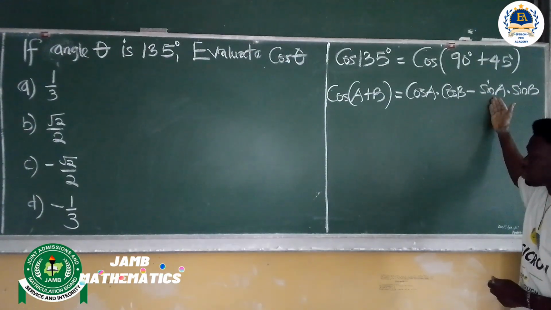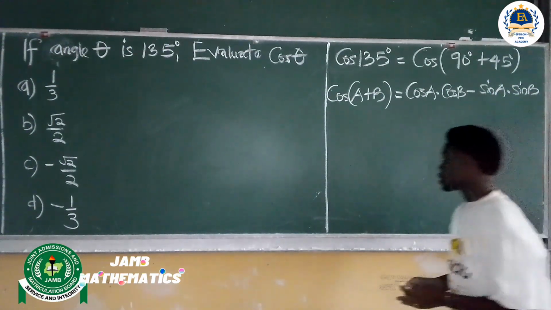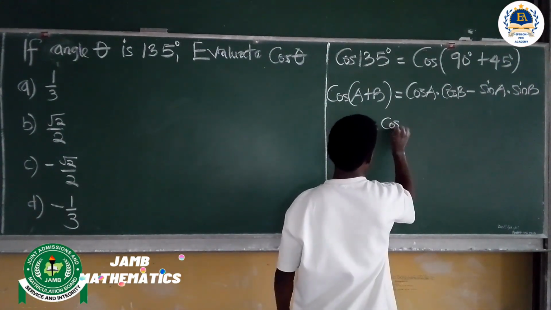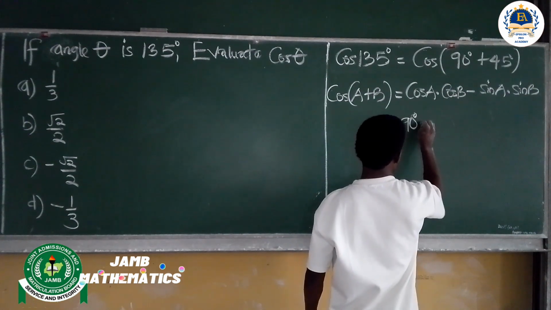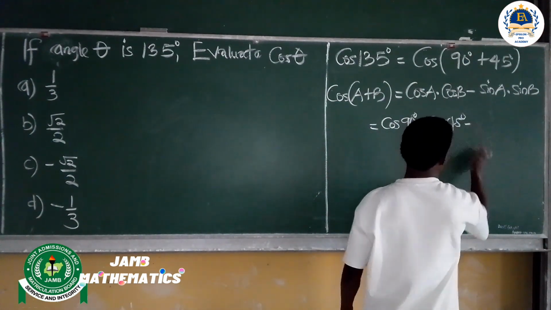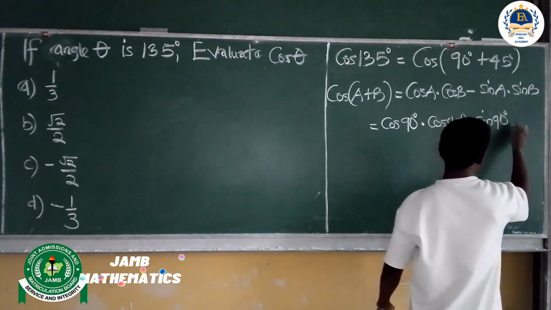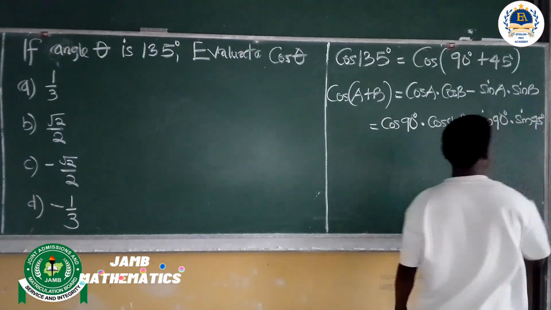Sin A is sin 90 and sin B is sin 45 degrees. So let us substitute. That becomes cos 90 degrees times cos 45 degrees minus sin 90 degrees times sin 45 degrees.